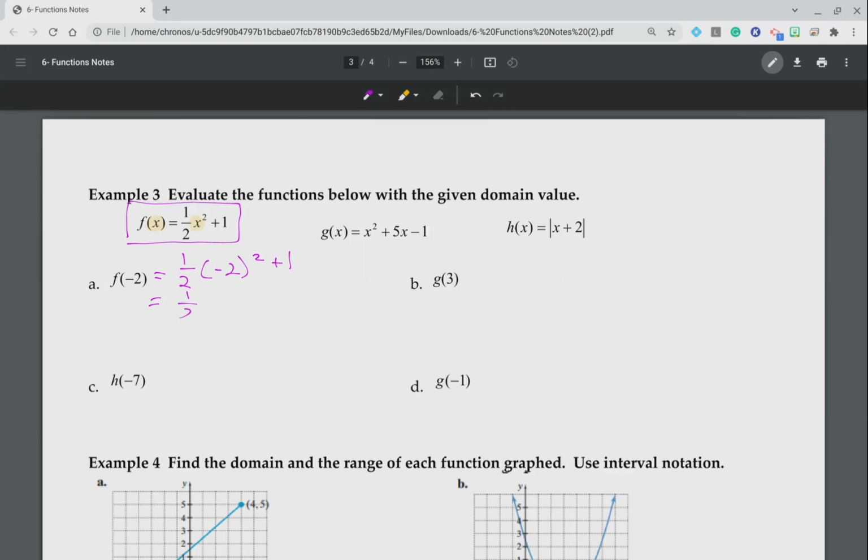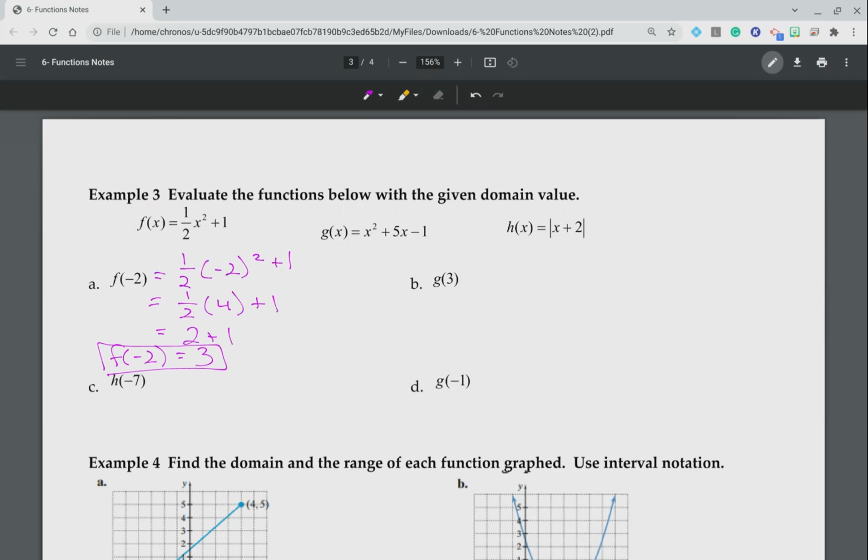That's going to be 1/2 of 4 plus 1, which is 2 plus 1. So f of -2, that's how you would say it, is equal to 3. We just plug it in.